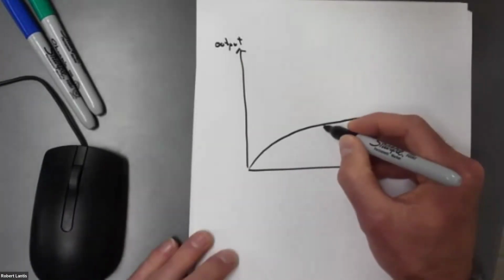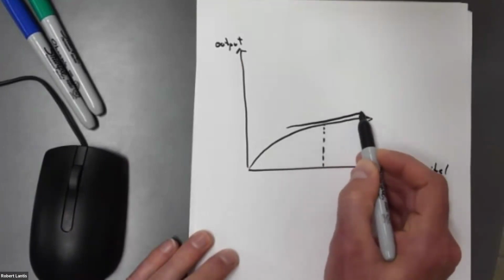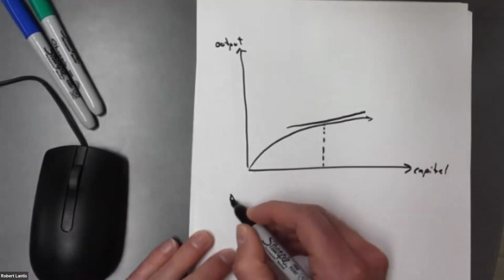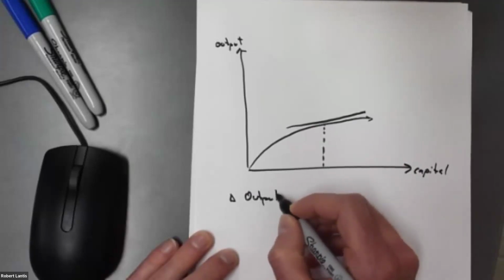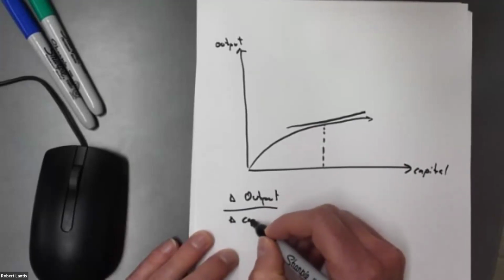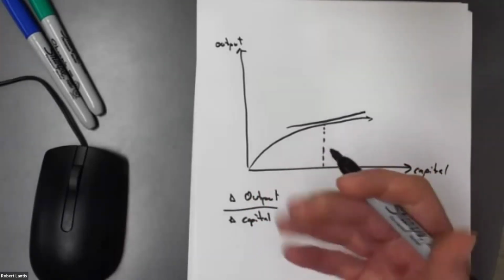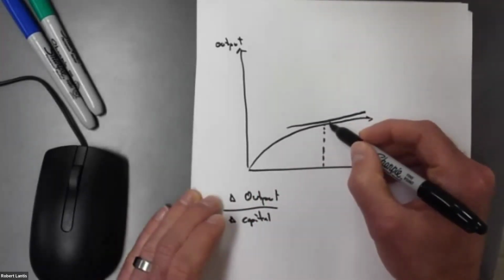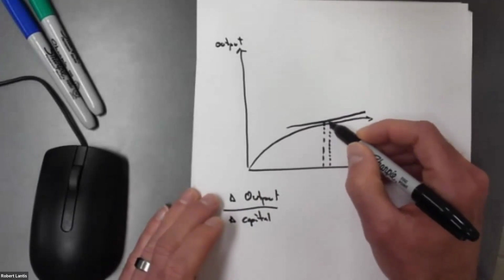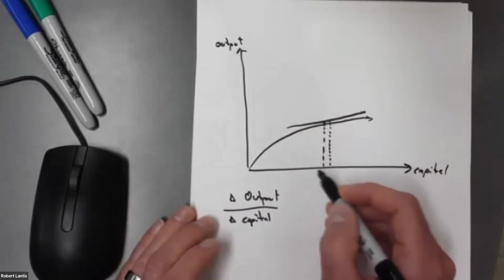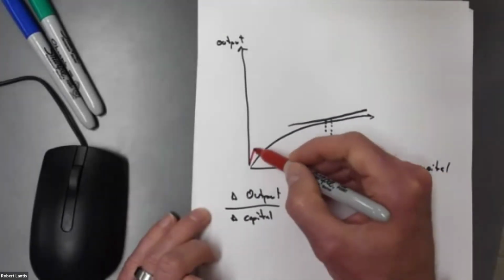If I'm looking at this level of capital, the slope represents the change in my output that's coming from a change in my capital. I could take a derivative of this function and find it at one point, or, if you know about derivatives, you could think about taking this at an infinitesimally small amount of change in capital.